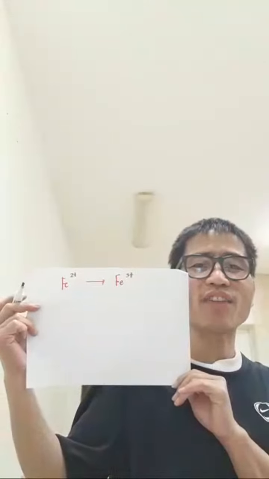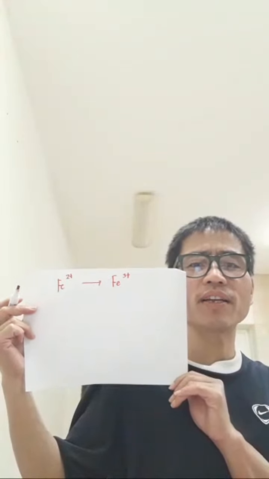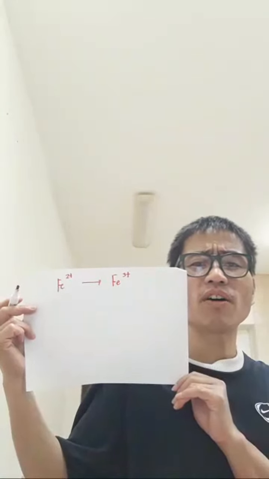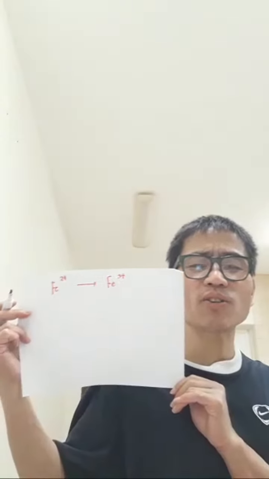Later I will be able to rewrite all, but for the oxidation, ferrous to ferric, like this: Fe2+ and then Fe3+. For Fe2+ ferrous to Fe3+ ferric, there's no issue with the number of atoms. One atom of iron on the left and one atom of iron on the right side.